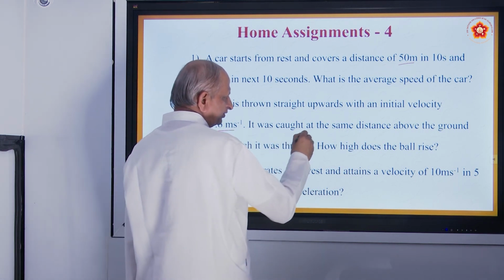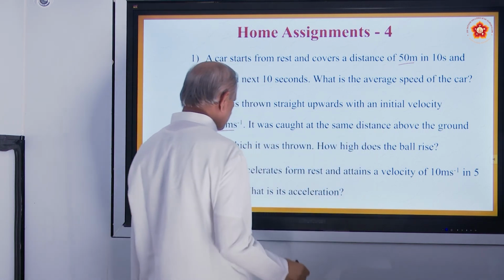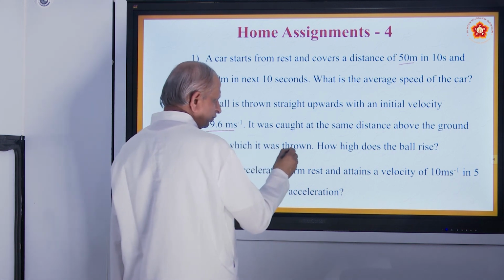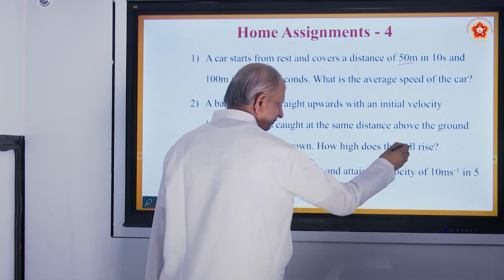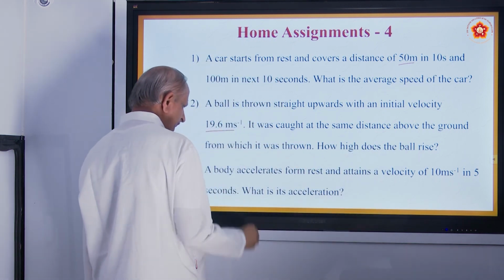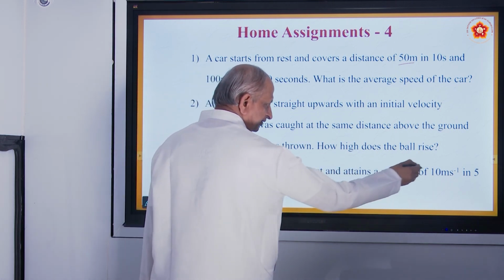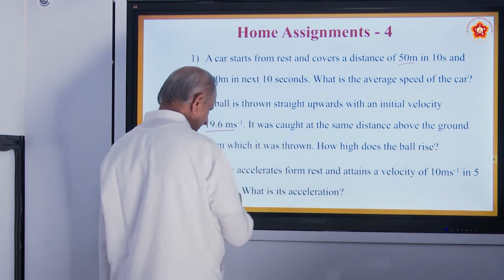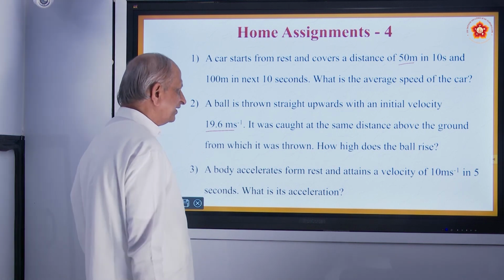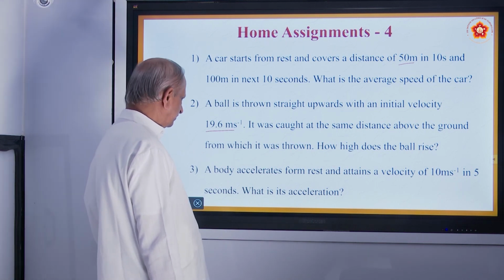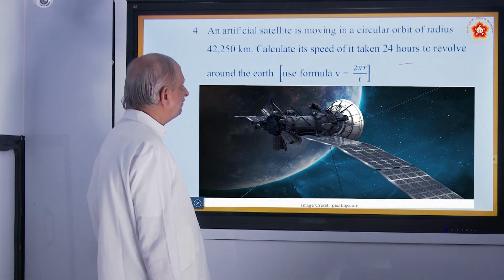It was caught at the same distance above the ground from which it was thrown. How high does the ball rise? A body accelerates from rest and attains a velocity of 10 meters per second in 5 seconds. What is the acceleration? So these are the three, and one more we will have.